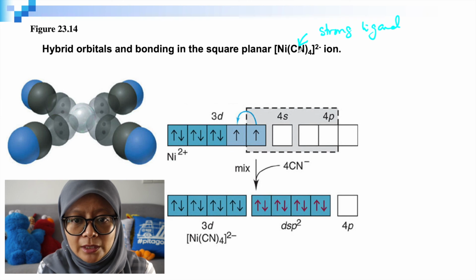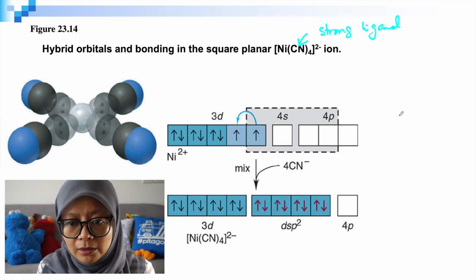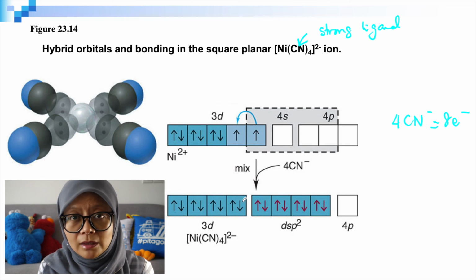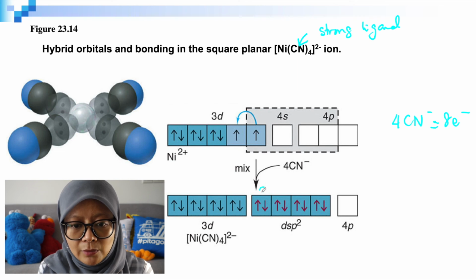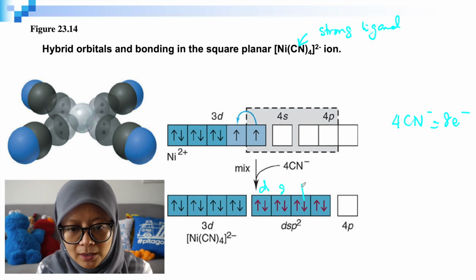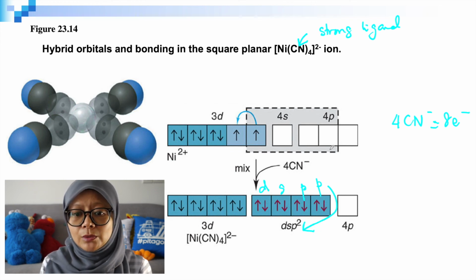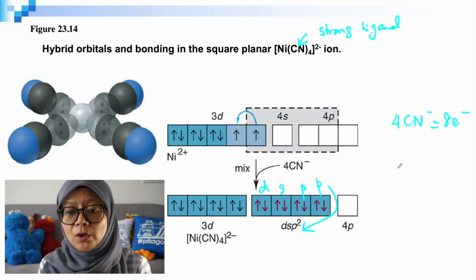So this complex ion is what we have discussed before, and then they combine to form a diamagnetic compound, and you need to fill up the 4 cyanide where it gives you the 8 electrons, and because this is full with only one empty d, you need to start from the d. This is where you have d, s and also p, where it will give you the dsp2. So this is actually a square planar complex.